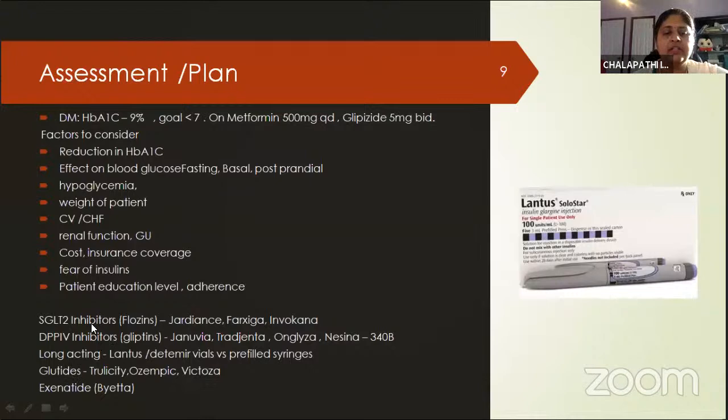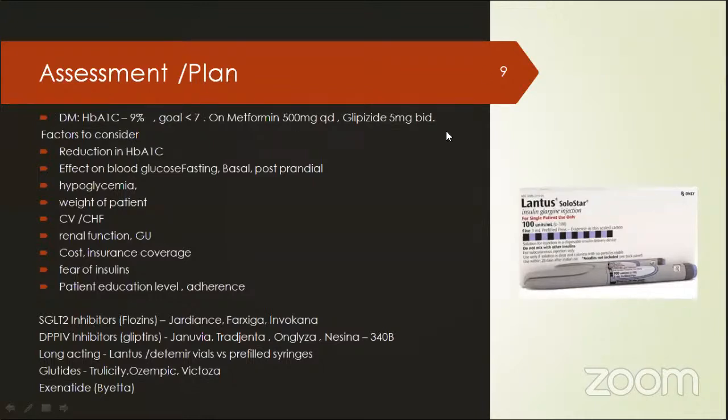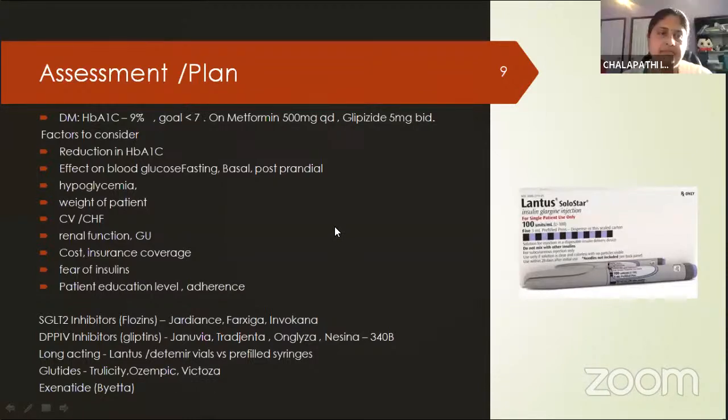Can any student take an initiative? Ma'am, just once. Yeah. Go ahead.